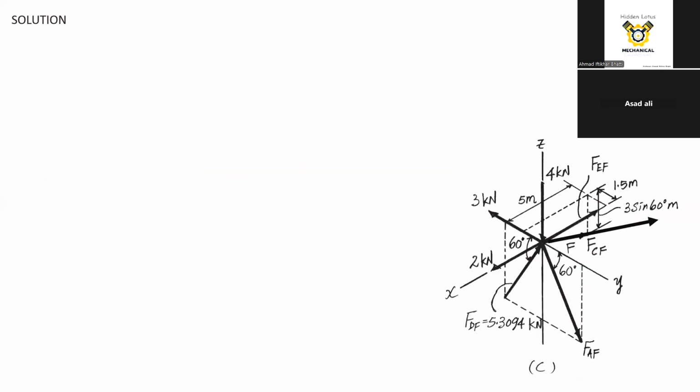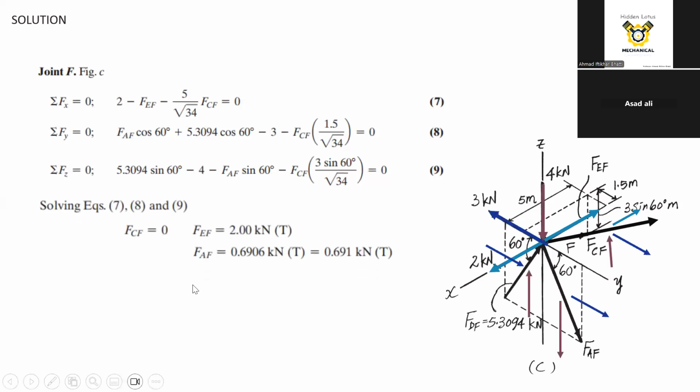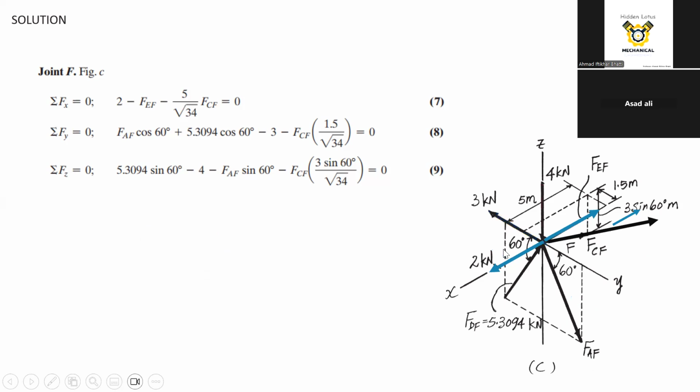And you see if we take the link F, we can find the force in the members EF and AF. So here when we apply the forces in the horizontal direction, we have the 2 kilonewton force, which is positive, and the negative force in the member EF.